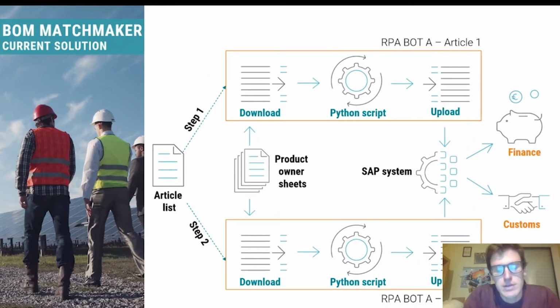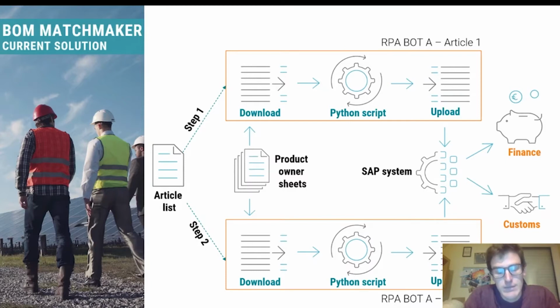So currently at our customer, we automated the workflow of a customs agent end-to-end. We did this in cooperation with RPA, which is the Robotic Process Automation Department. RPA will start from an article list. This is all the articles that need to be classified. One by one, it will download the product owner sheets. This is our BOM data.